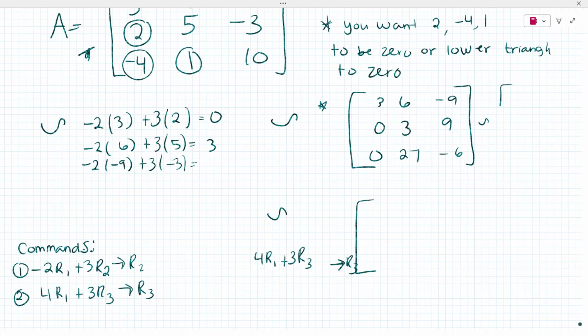Let's put the work here. So 4 times the first number in row 1, so this is your previous matrix. Row 1 is 3, plus 3 times the first number in row 3 of this matrix.